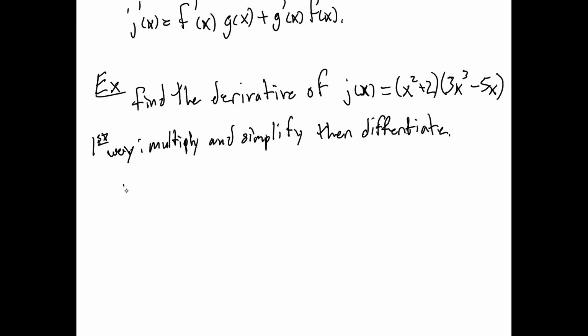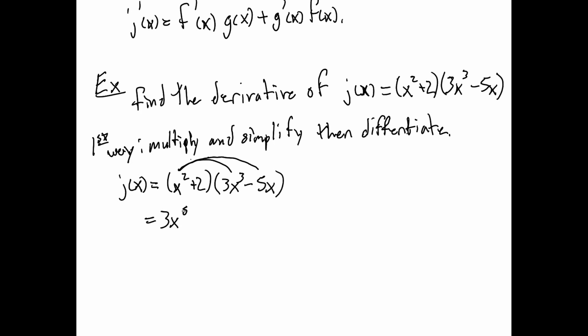So what I mean by that is we're just going to look at j of x, and take our x squared plus 2 times 3x cubed minus 5x. We're just going to do this little ordeal here. So we end up with x squared times 3x cubed gives me 3x to the fifth.